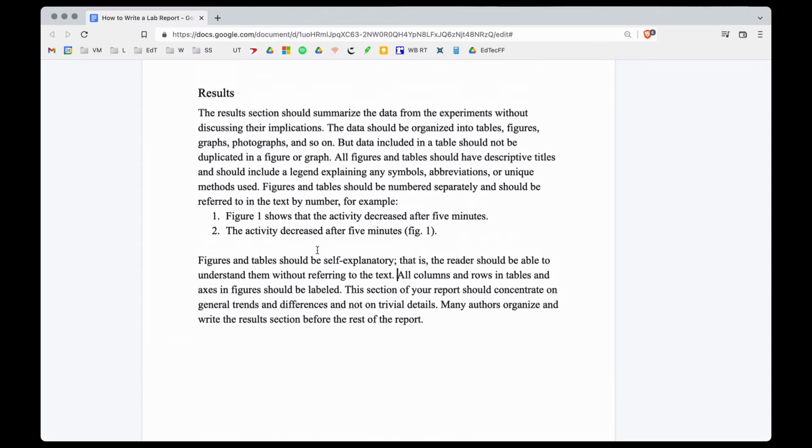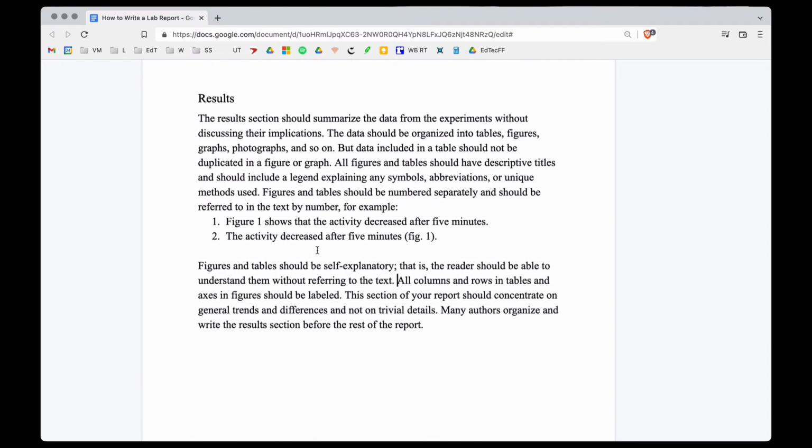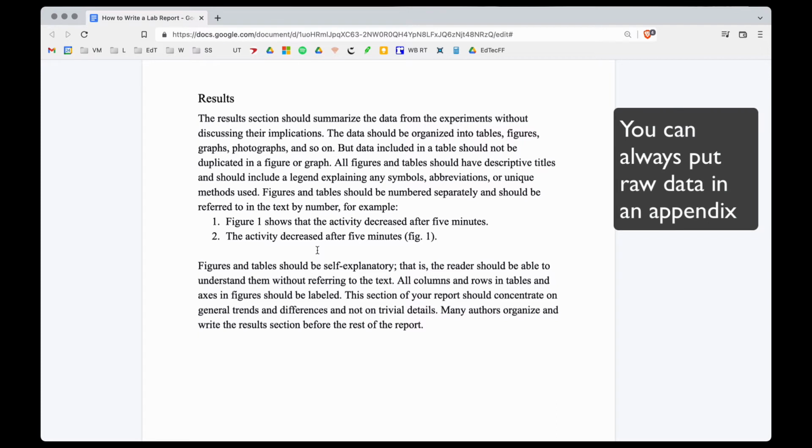Now, going back to the results real quick, you can give me some charts with the average. You can even give me some of the raw data, but you don't want to give so much data to your results that it's overwhelming for the reader. So let's just say we're getting the heights of people, and we got the heights of 500 people.